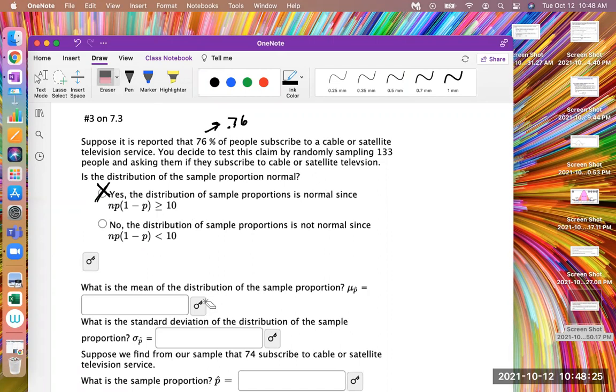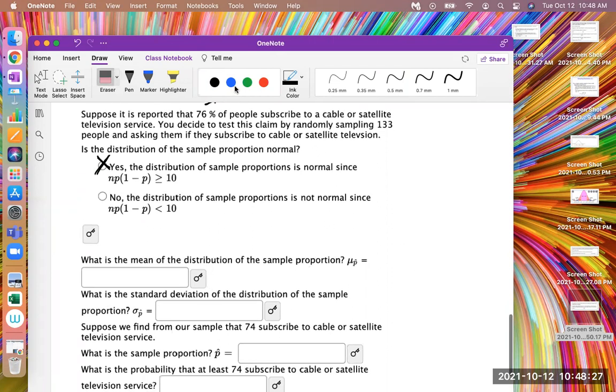And then, what is the mean of the distribution of the sample proportion? These are just formulas that you have to remember. Now we have to think differently. We were talking about the mean in problems 1 and 2 in this 7.3 homework. Now we're focusing on the proportion, 76% of people, so we have to use different formulas.